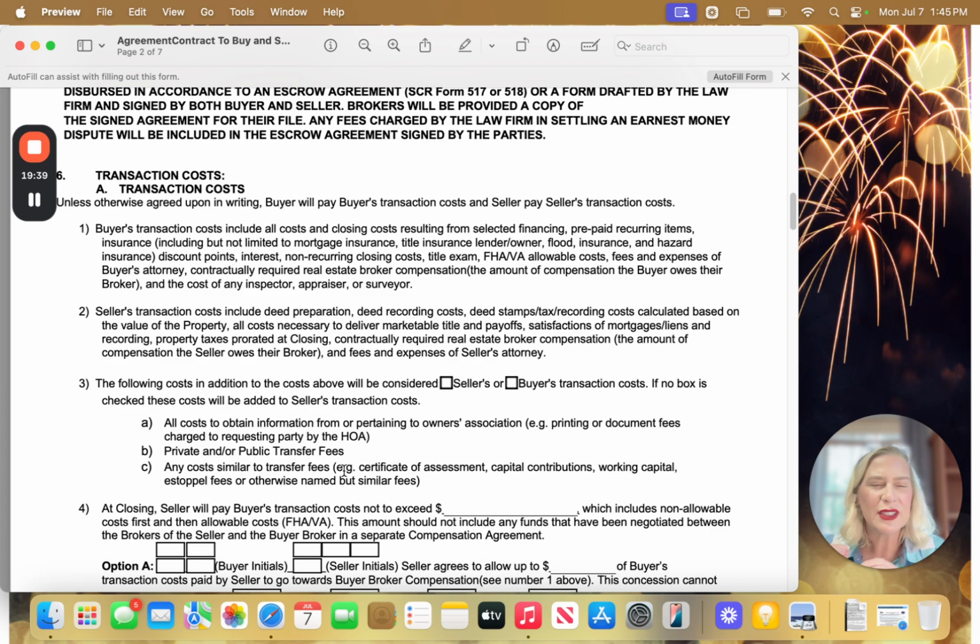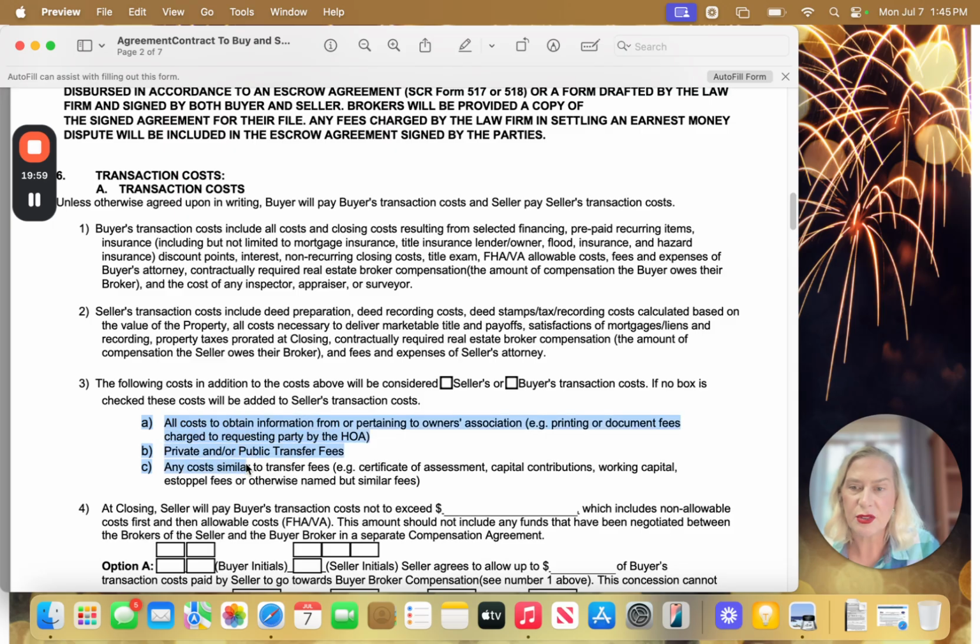All of these really weird things that buyers and sellers don't realize until closing. Section 3 allows us to go through and say who's going to pay it. So right here on the top of section 3, is it going to be a seller or a buyer fee for A, B, and C down here? So who's paying?